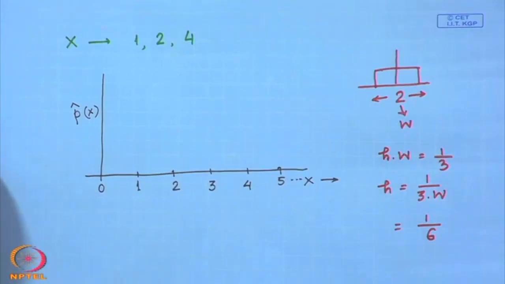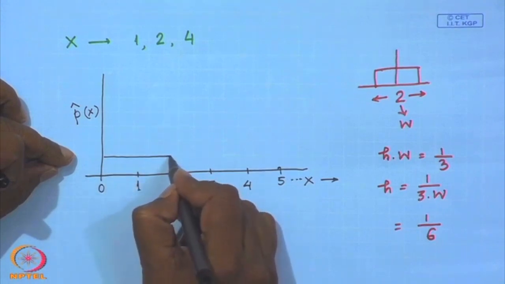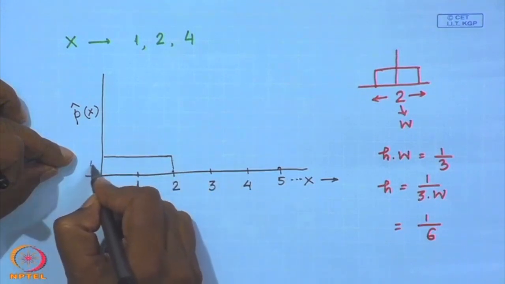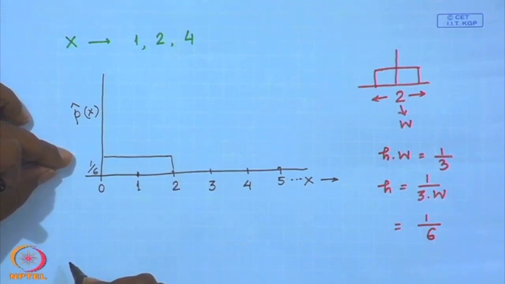And now, let us place such a window of width 2 and height 1/6, one at each of the sample locations. So, I have one window of width 2 and height 1/6 at location 1. At 2, I have another sample. So, at location 2, I have to put one such window again.